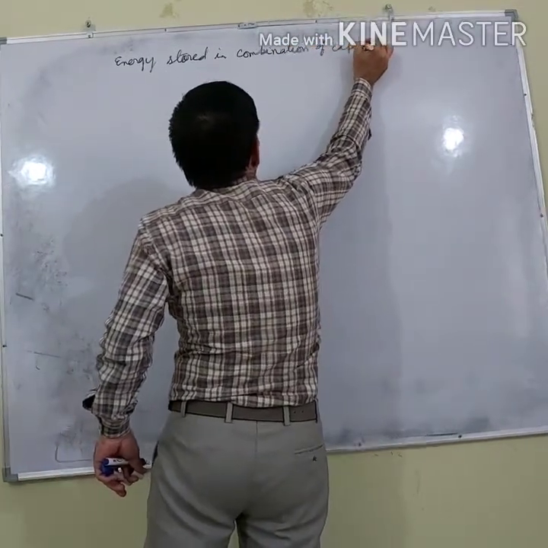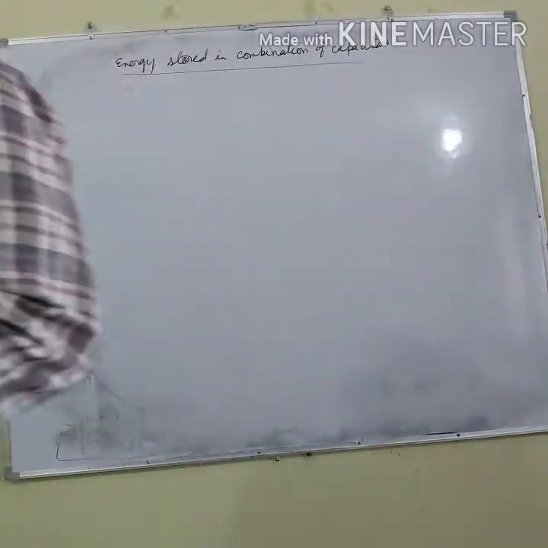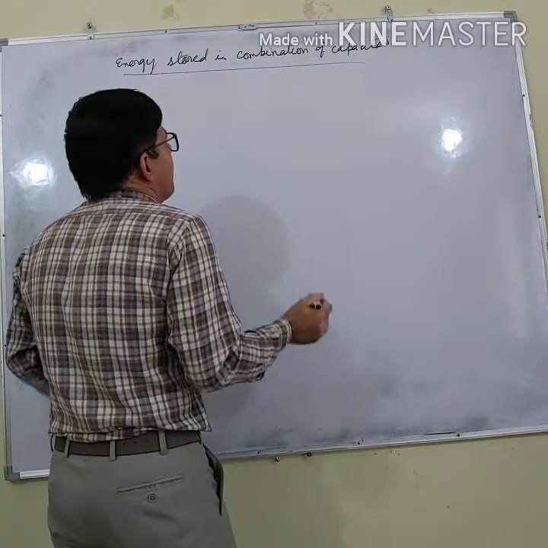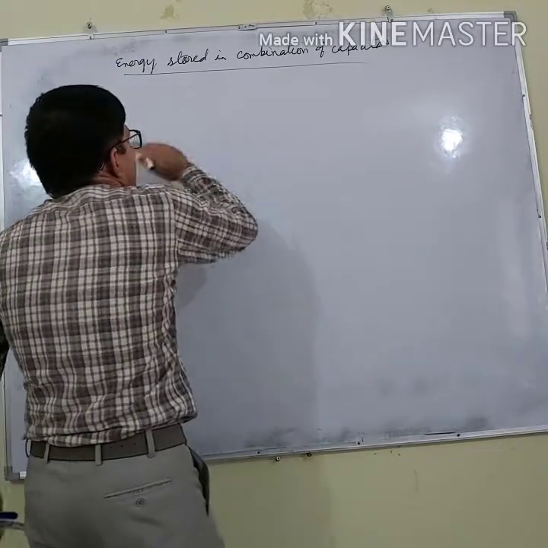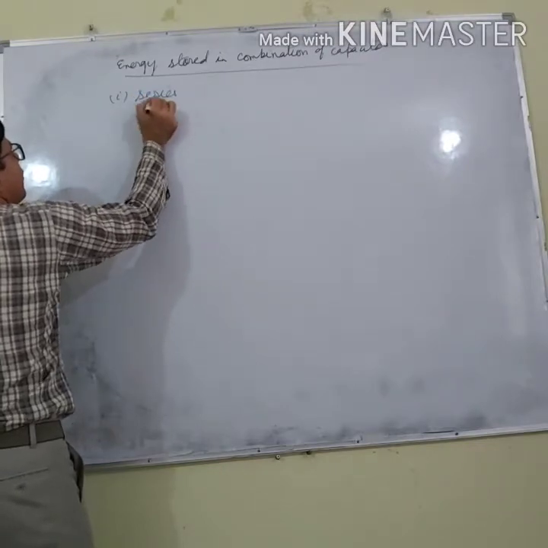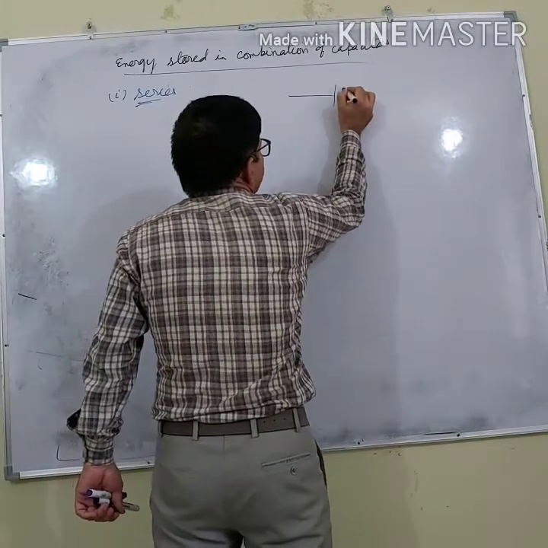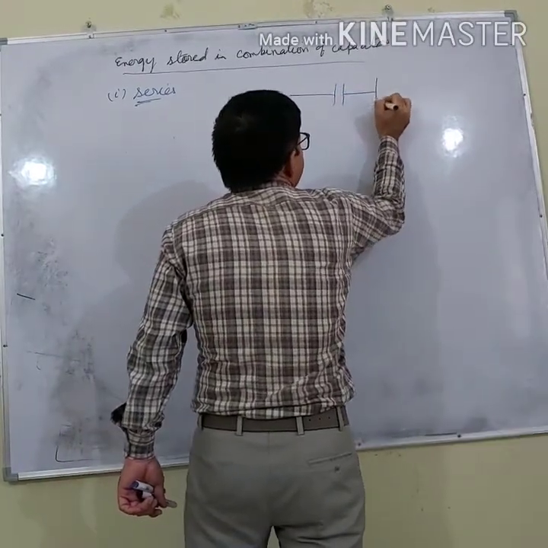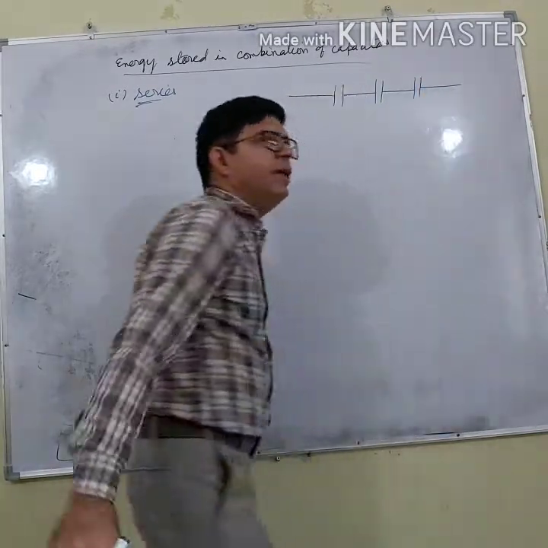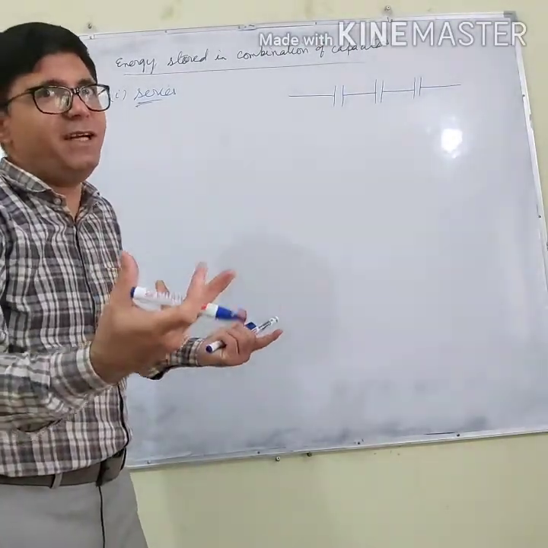What is the energy stored in combination of capacitors? Now let us say that first we will talk about the series combination. Series, C. What does the C mean? In series there is C. It means charge. C for series and C for charge.